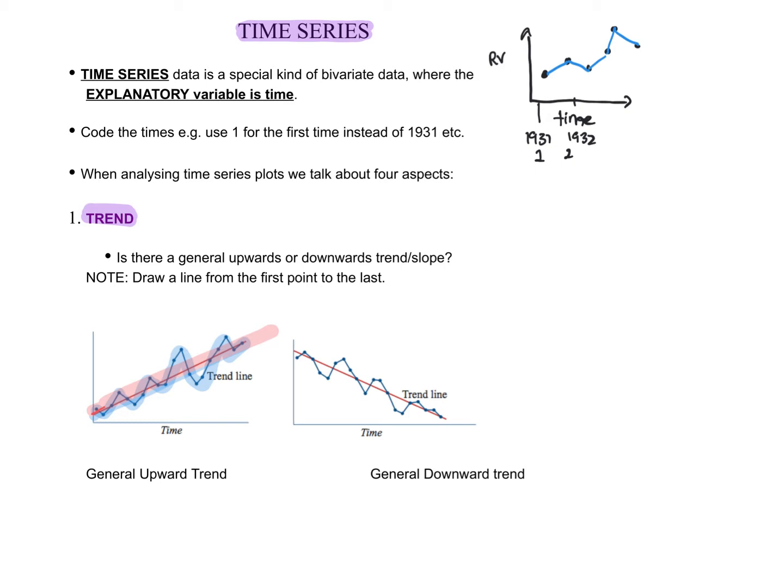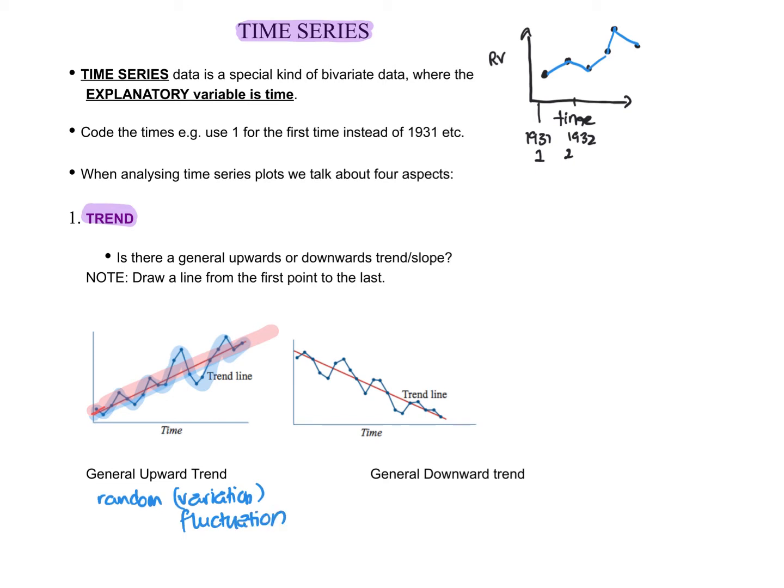If I was describing this time series, I'd say it's an upward trend with some random variation, because it is going up and down, or random fluctuation, whichever word you want to use. So it's going up and down, but overall it's moving up.